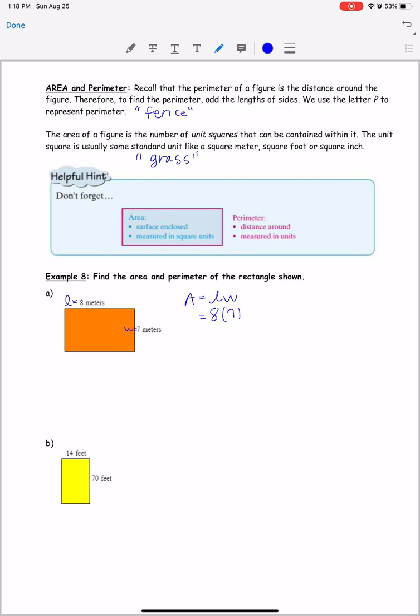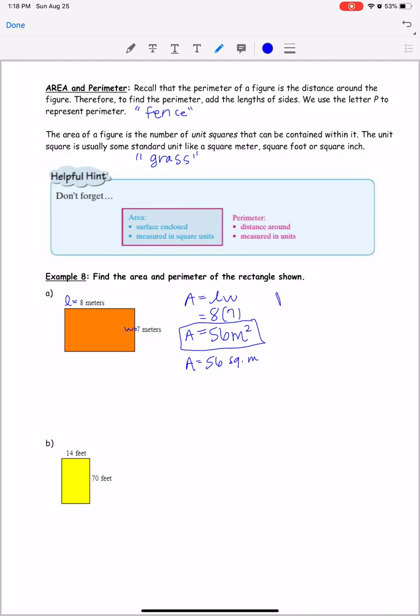So 8 times 7 is 56. This is meters, so meters squared. You could say the area is 56 square meters, but m squared represents square meters.